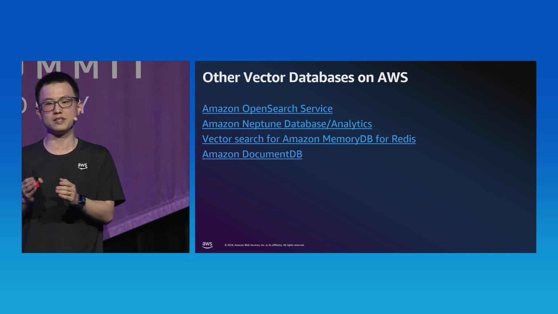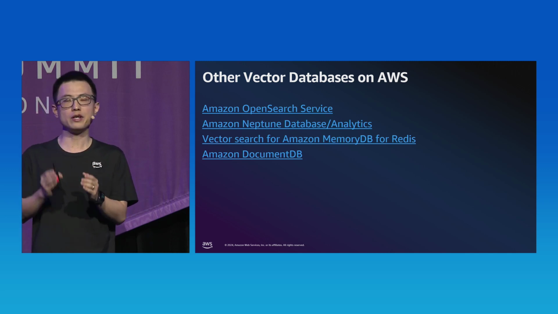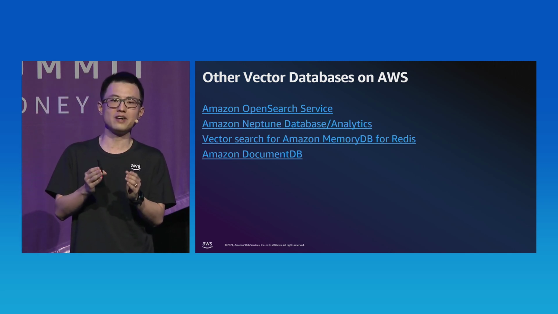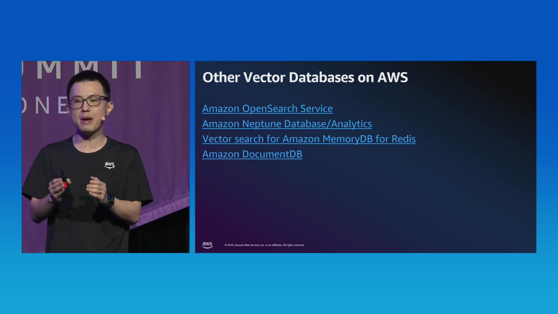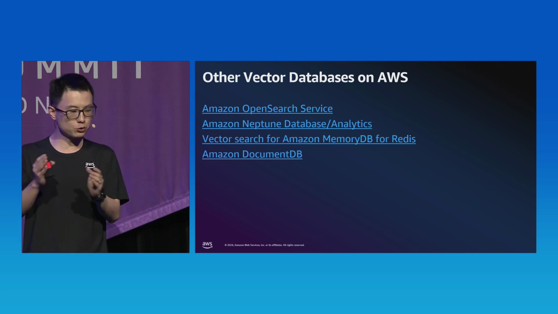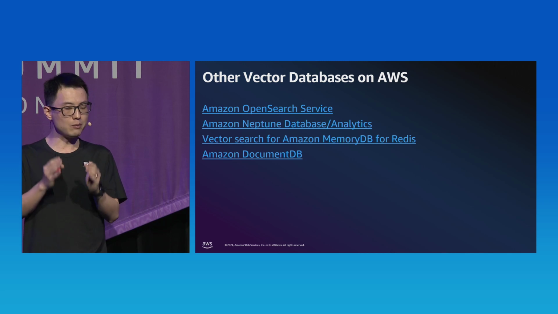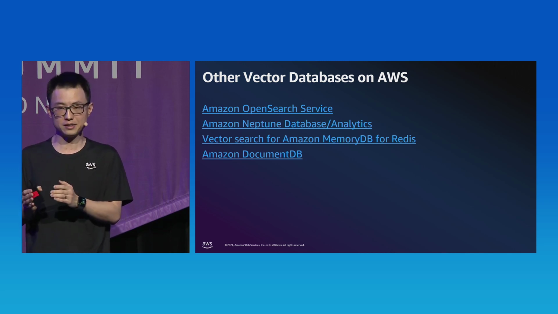If you want to build vector search along with an in-memory database, you can try that on Amazon MemoryDB for Redis.